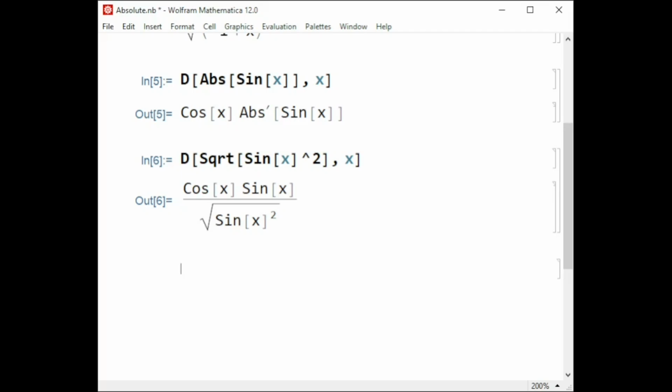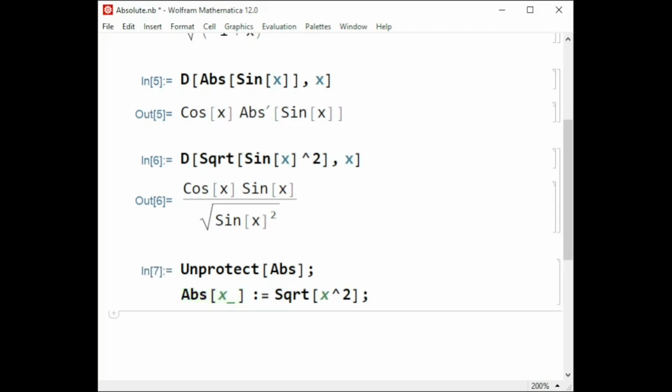So what I do, I first unprotect the definition of absolute in Mathematica this way. I unprotect it, then I define it as ABS of a function x equals square root of x raised to the power 2.